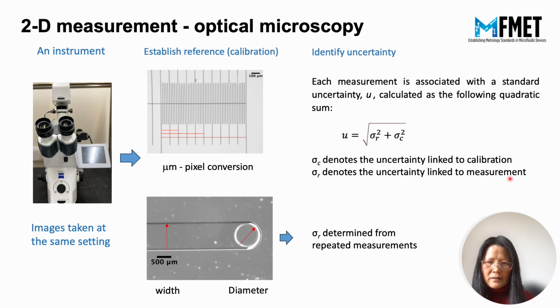The other source of uncertainty relates to actual measurements and consists of the standard deviation derived from repeated measurements. The standard uncertainty for each measurement is the quadratic sum of these two, as described here.